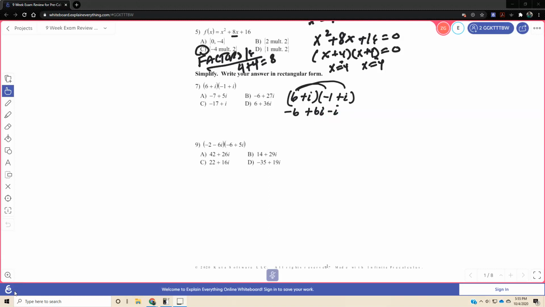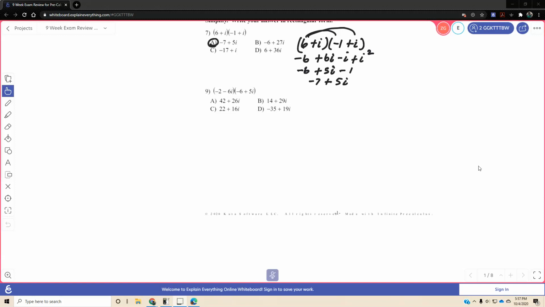And then i times i gives you i squared. So you have -6 plus 5i. i squared is going to be -1, so it's -1. Remember that the first part is going to be the real, so it's -7 plus 5i. So your answer is A.